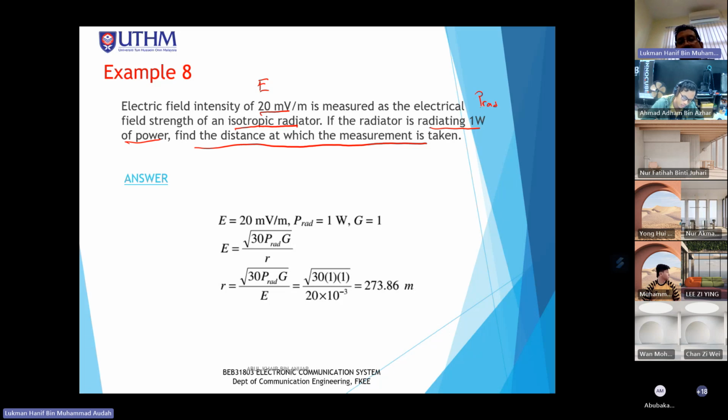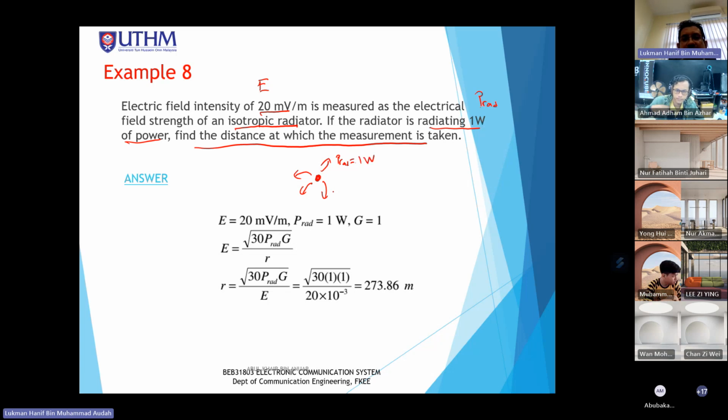Find the distance. So you see that class, we have the isotropic radiator. I suggest you sketch your own drawing so that you can have more understanding. You are given an isotropic radiator which has the P radiation equal to 1 watt.